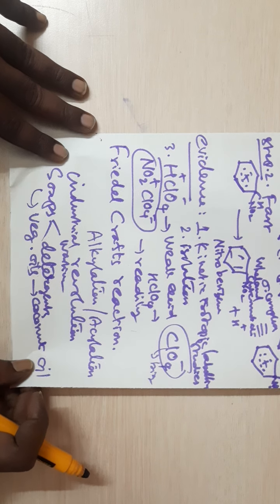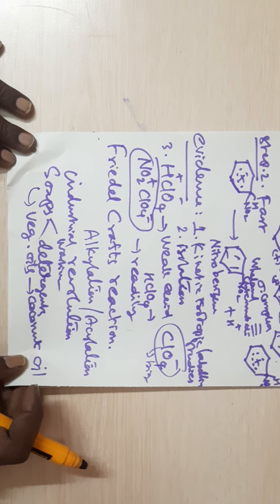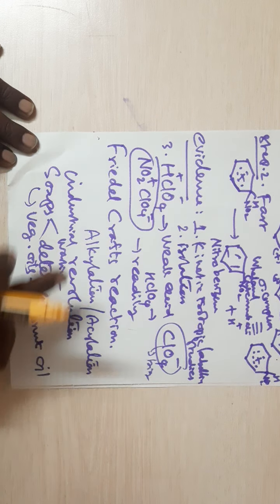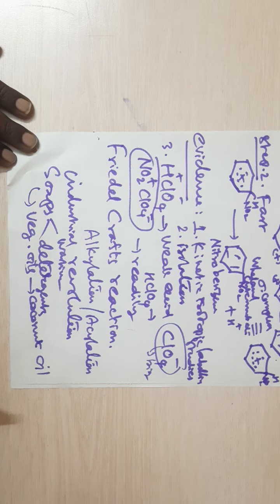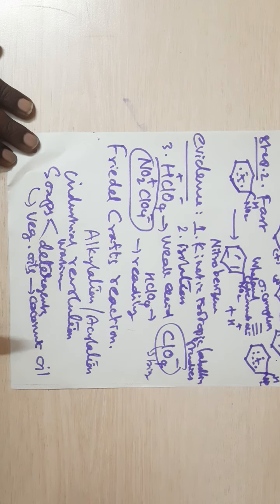Our people were looking for an alternative to soaps made from coconut oil. It was made possible by this Friedel-Crafts reaction. The Friedel-Crafts alkylation and acylation reactions made this a reality.